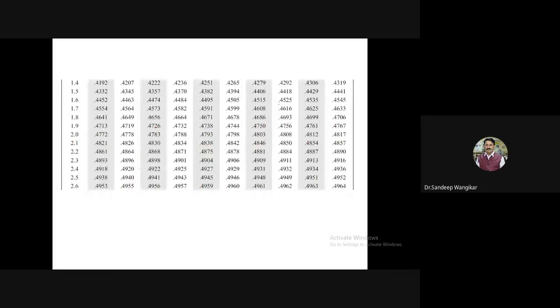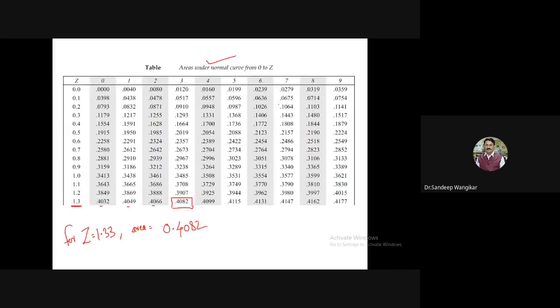So 1.25, it will come here. Here this value I will highlight in this particular diagram. I am highlighting here 1.2 in the main diagram. This is for 1.2, 1.21, 1.22, 1.23, 1.24, and this is the value.